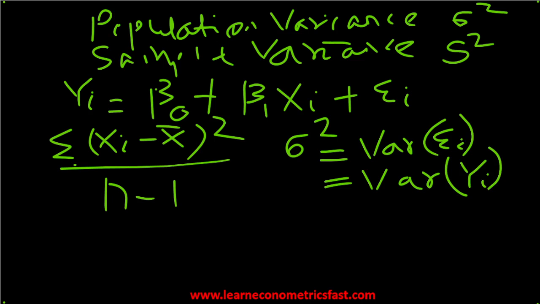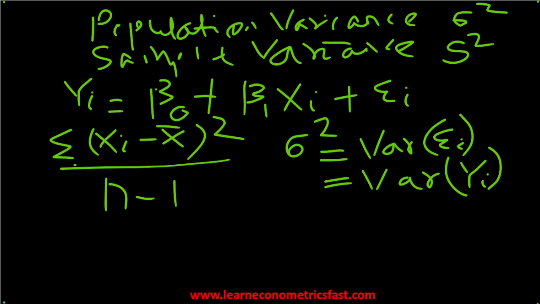Now the formula here will change. Sigma square, the population variance, is unknown, so we will not be able to calculate it directly. So we use sample variance, the estimate of the population variance.